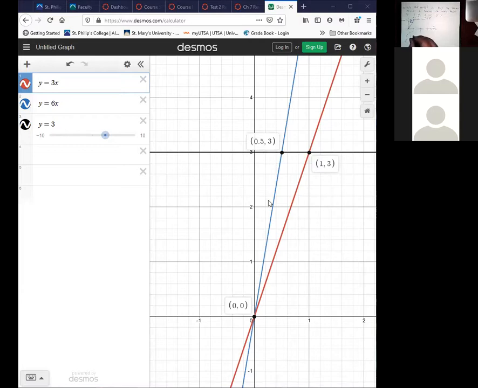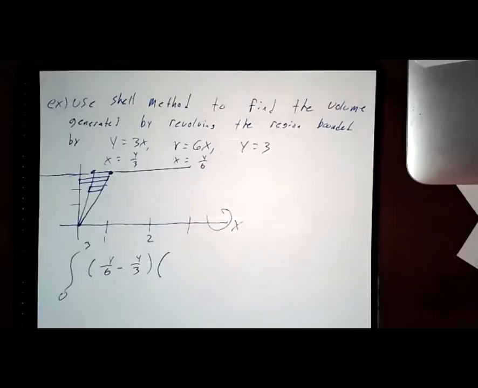In other words, y over 6 minus y over 3, times this radius, which will be the rotational axis. Let me think. I think it would be just y. Let me double check though.